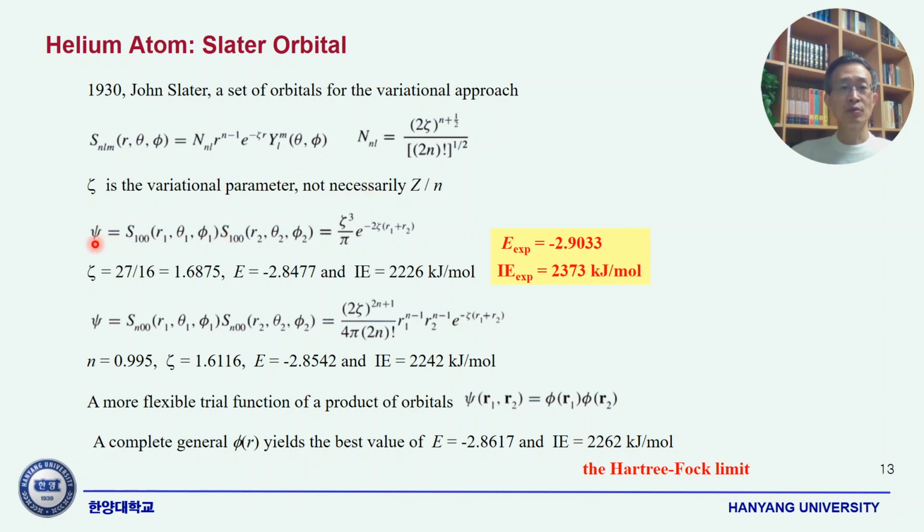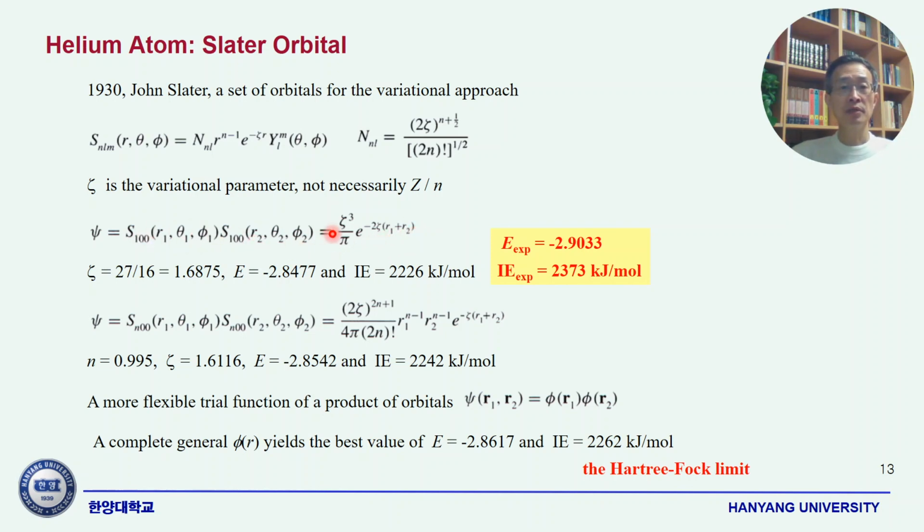So the orbital product itself is now s1 s1, which is 1s(r1, theta1, phi1) 1s(r2, theta2, phi2), but with the variational parameter zeta cubed over pi and exponential to negative zeta times (r1 plus r2).